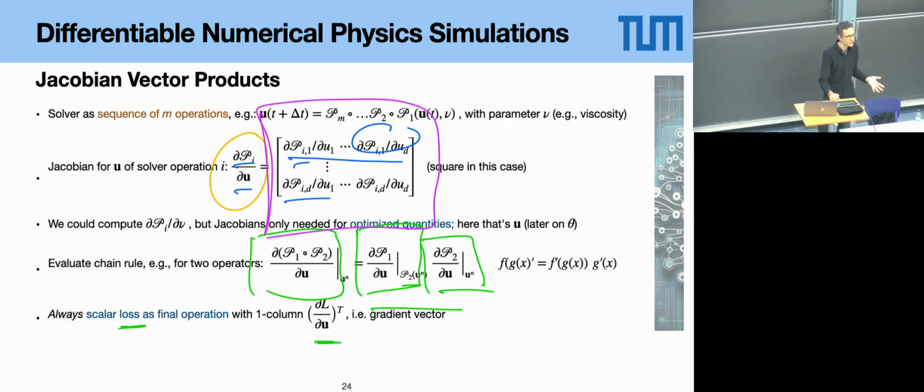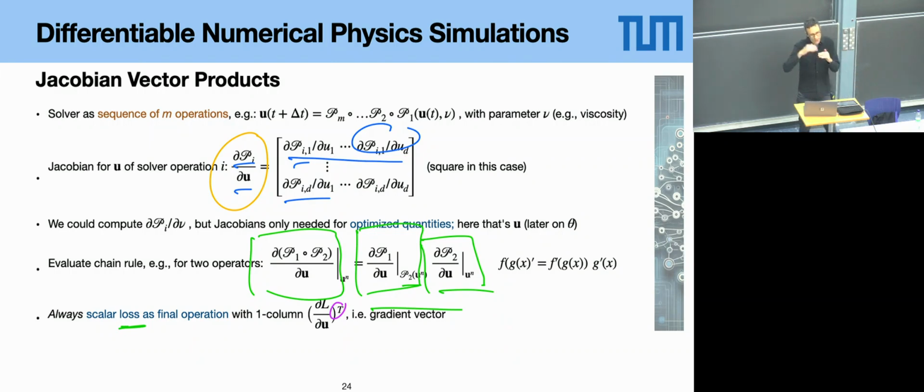Our loss just has one dimension, so what's actually left is simply one row of this Jacobian. And in practice, by convention, we typically look at the transpose of that to turn this row into a vector, and that's your gradient vector.